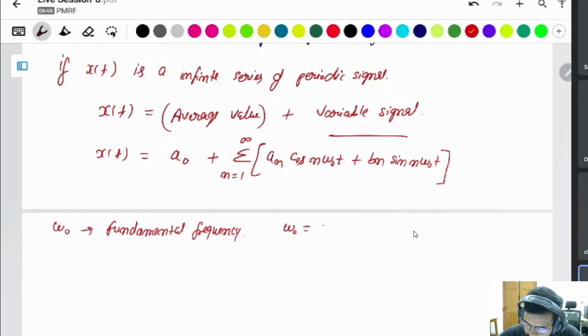Omega naught is equal to 2 pi by T, where T is the fundamental time period.